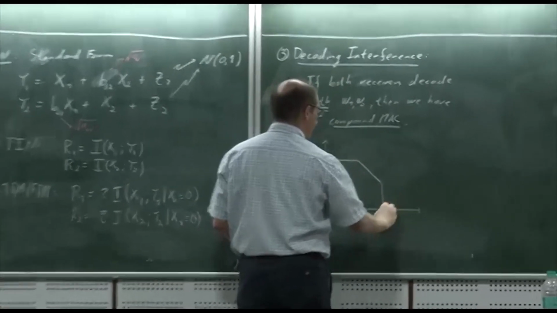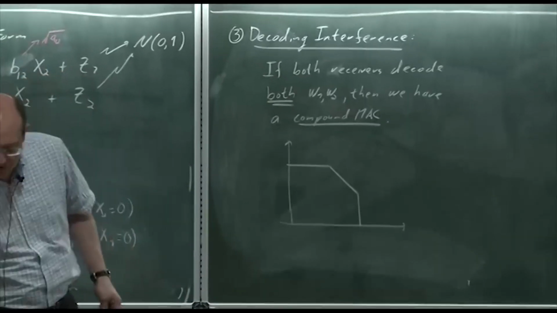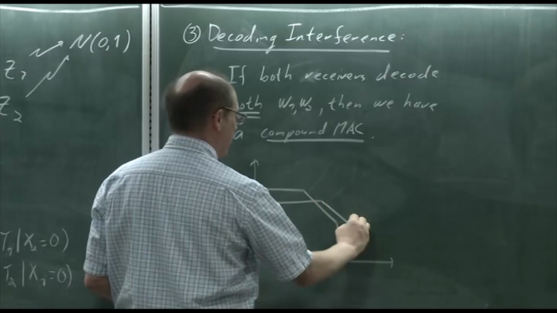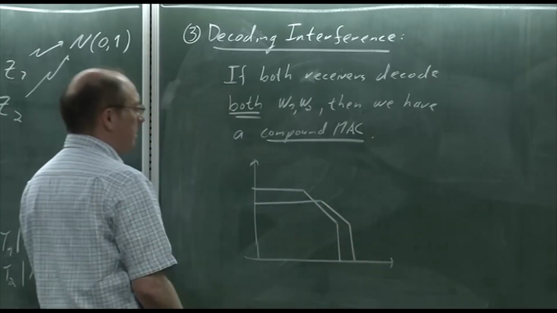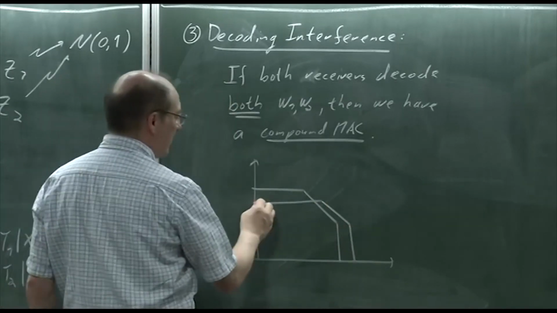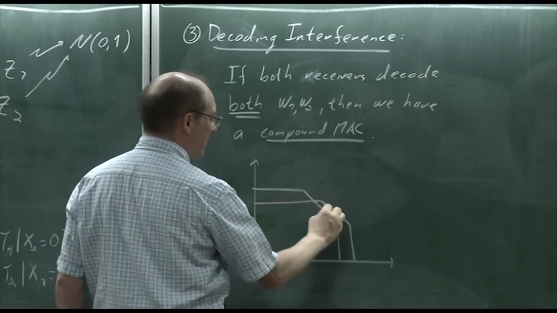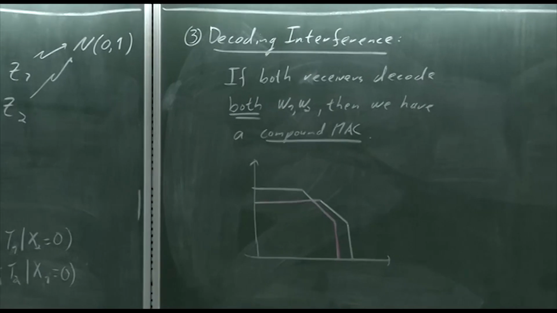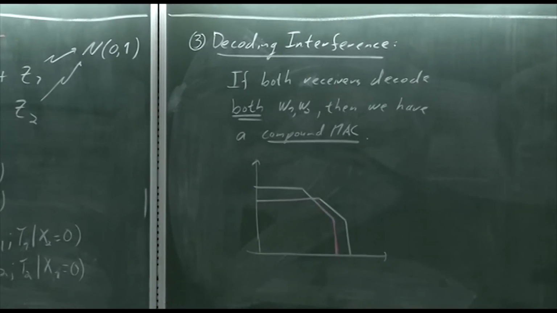So if we had two Gaussian MACs, one with a capacity region that looked like that, and another which has a capacity region which looks like this, then the capacity region of both is the intersection of the regions, namely this, this, and this, as long as, of course, the input distributions for both MACs are the same, namely Gaussian, right?